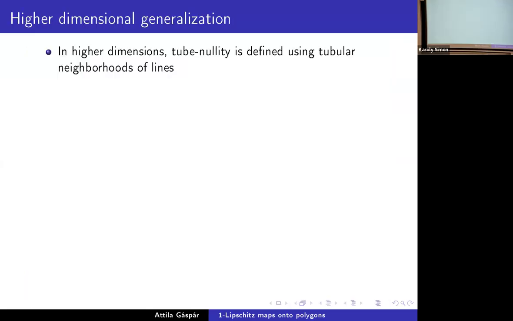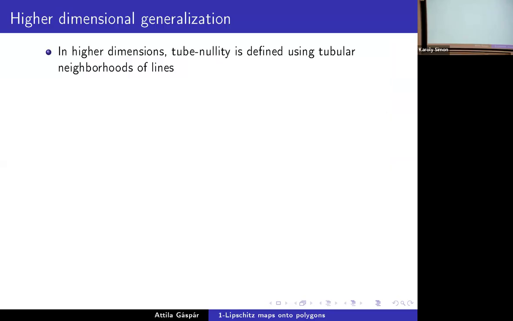Now some words about the higher dimensional case. Most of the proof works also in higher dimensions, but we need to use another property, because tube nullity is defined using the infimum of the total cross-section of tubular neighborhoods of lines.